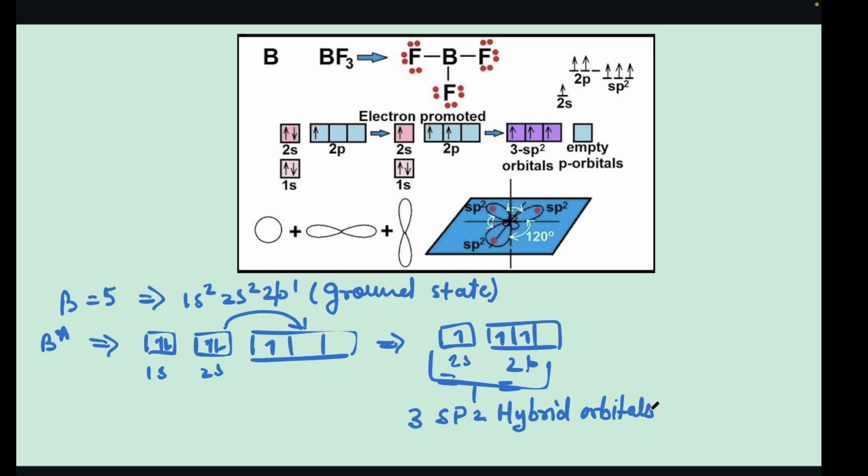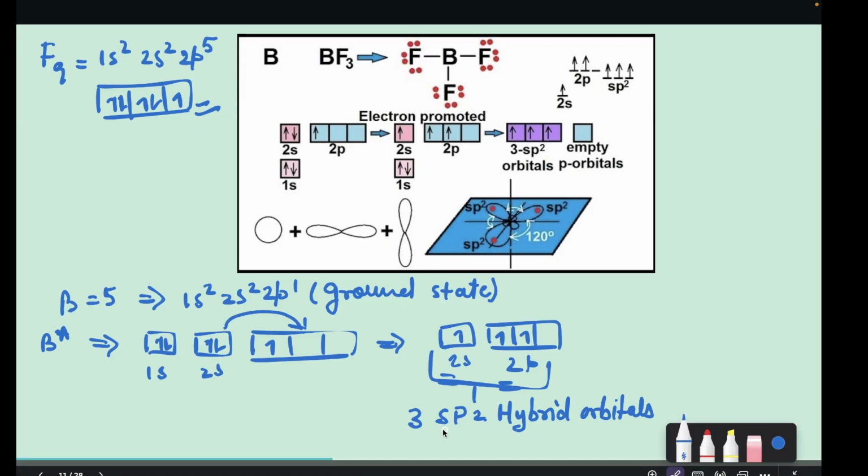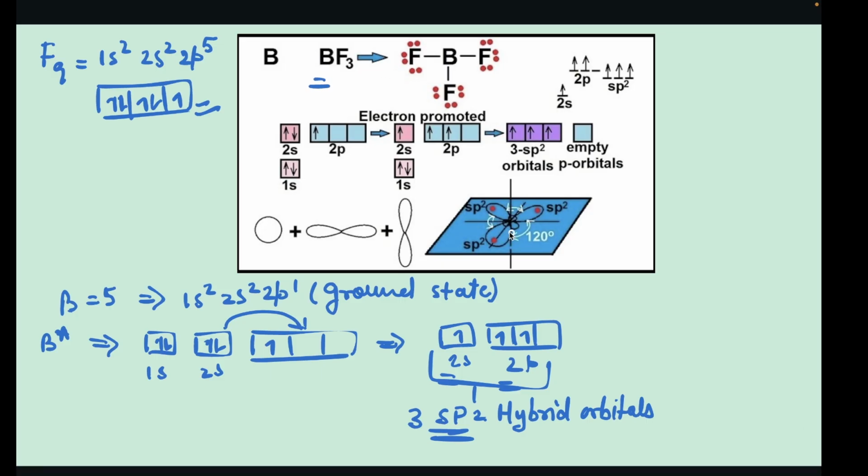Each sp2 hybrid orbital overlaps with 2p orbital of fluorine, because fluorine has atomic number 9, so its electronic configuration is 1s2, 2s2, 2p5. So in p orbital there is one orbital which has an unpaired electron, and this p orbital overlaps with the 3 sp2 hybrid orbitals and forms the molecule BF3, which is trigonal planar in shape with the angle 120 degrees.